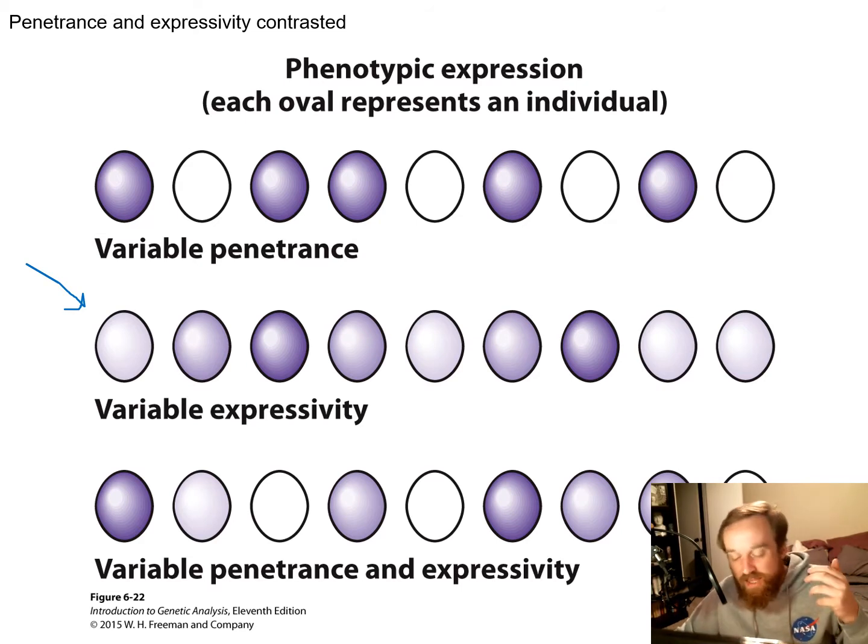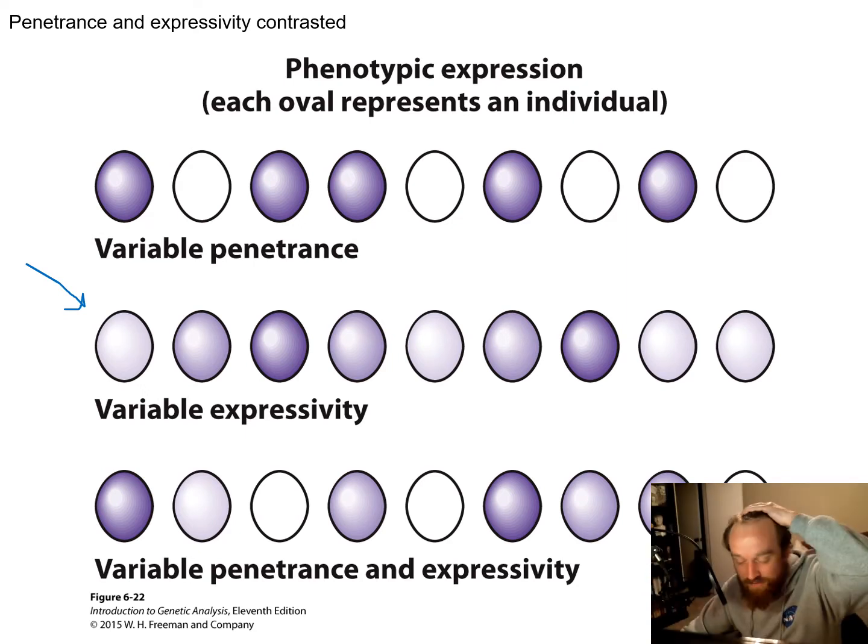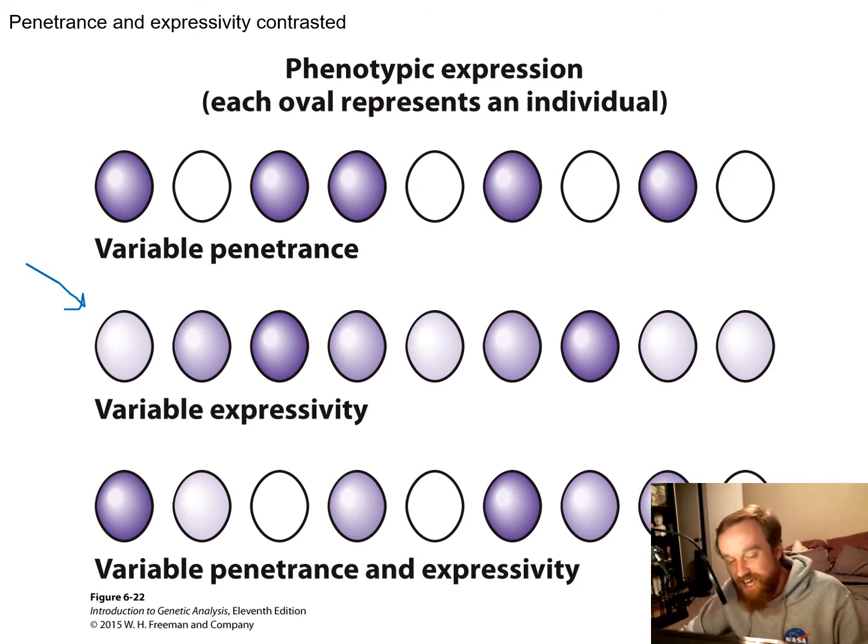So they would maybe say for variable expressivity, okay, you're not bald, but you have a damn high hairline, so I might be showing a little bit of that phenotype, that expressivity, as opposed to being not completely bald. I definitely don't have a model's head of hair. So that might be variable expressivity.